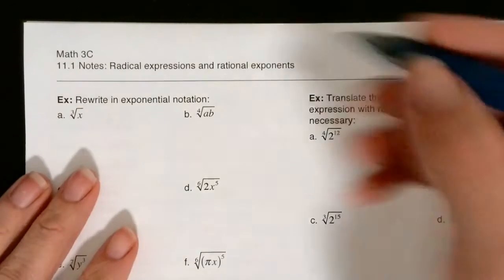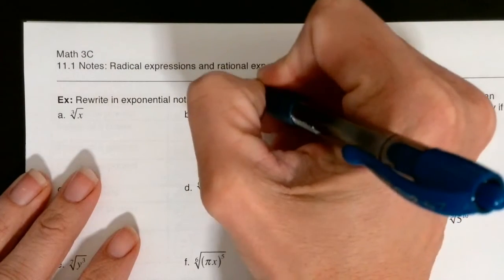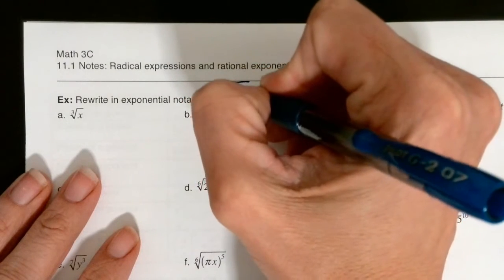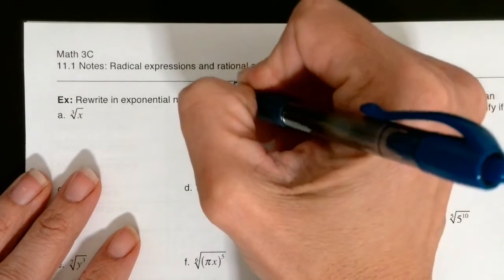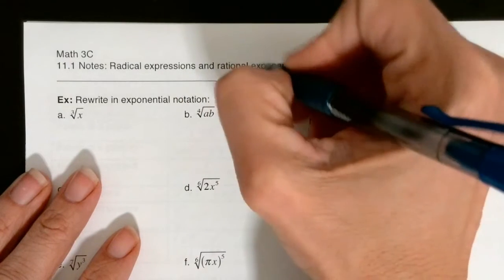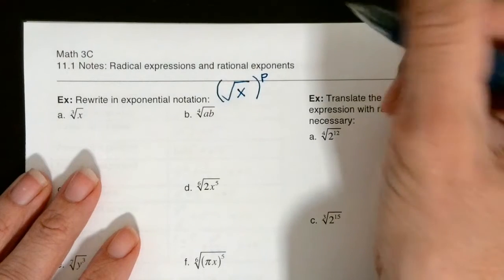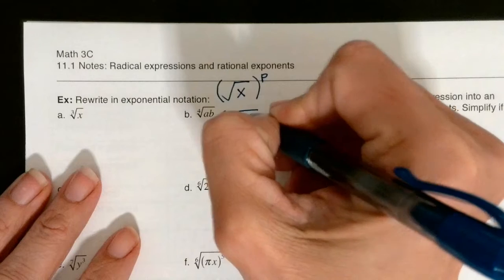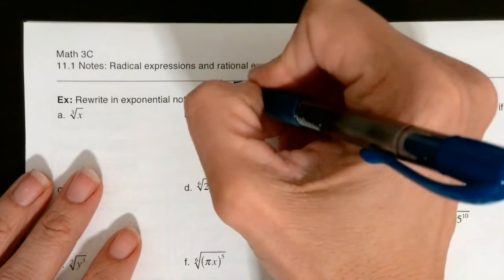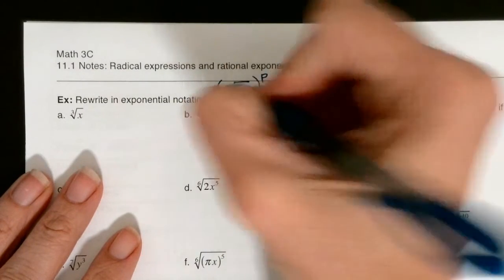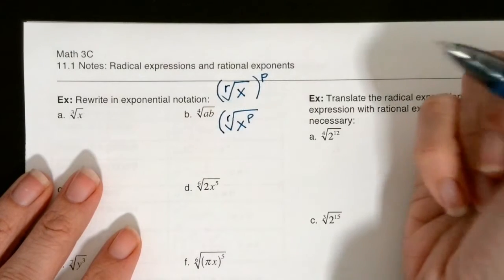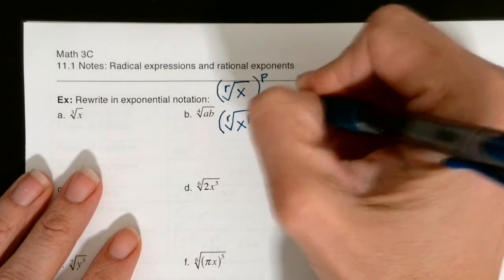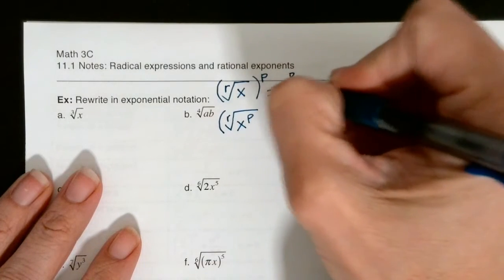So the rule in math is that if you have x, and it's raised to some power, and then you have the root, we'll call this r for root, you can rewrite this from radical notation to exponential by doing the power over the root.